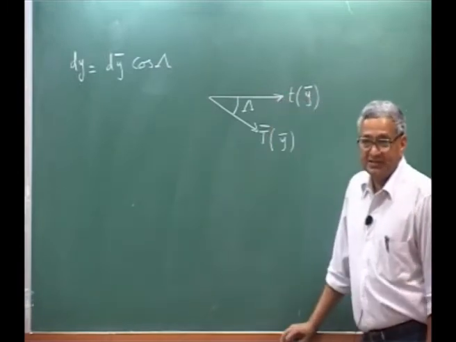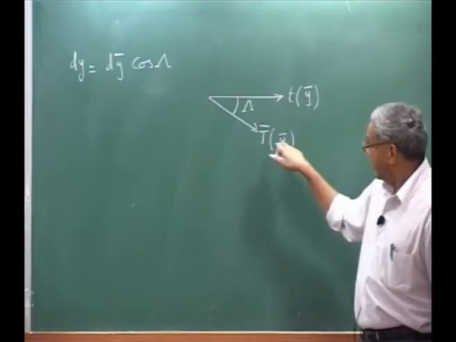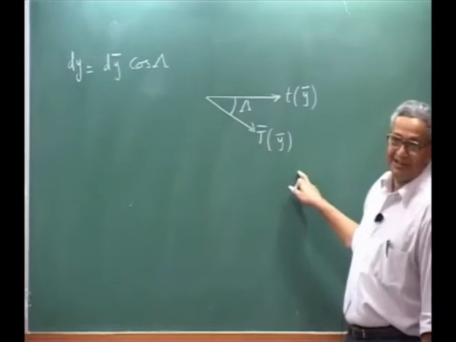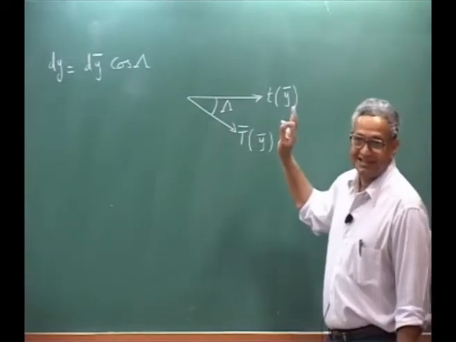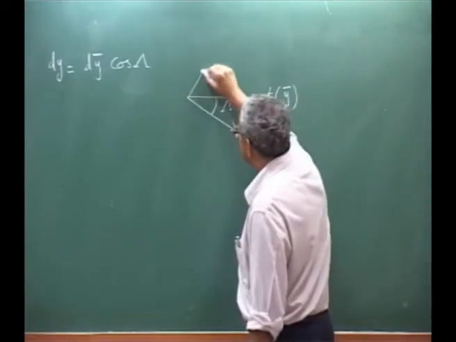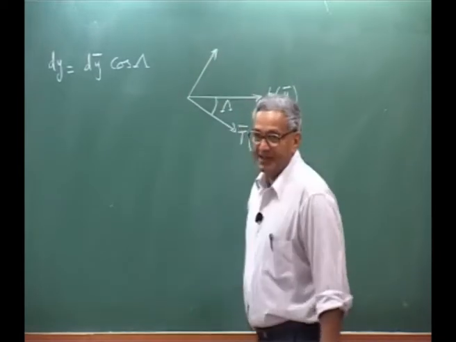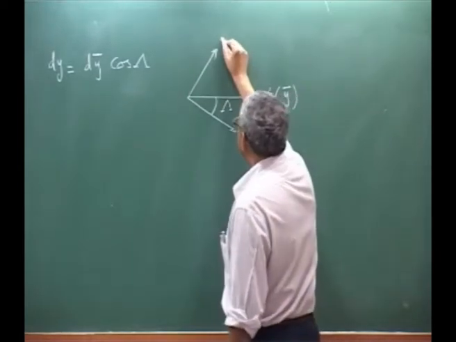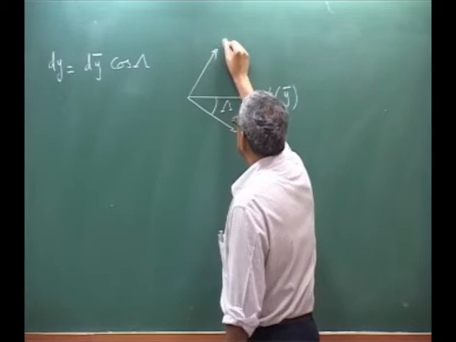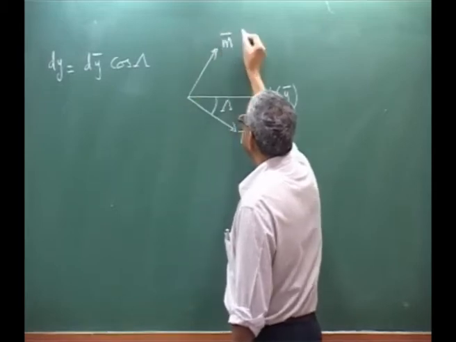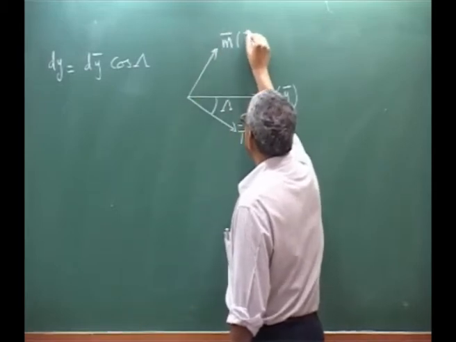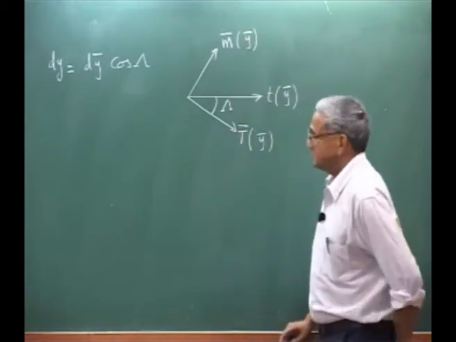So this is the twisting moment along the y bar direction. And then this will go like a bending moment, which I may call M bar.